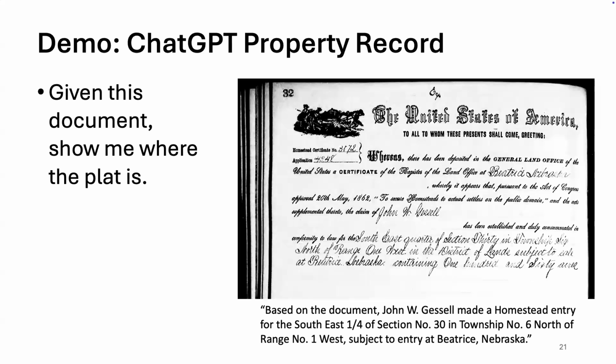ChatGPT looked at that handwriting and transcribed it and gave me that answer. It was able to analyze this whole thing, including my 3rd great grandfather's name, and give me that summary. These are the kinds of things that these chatbots can do, and it's mind-boggling.